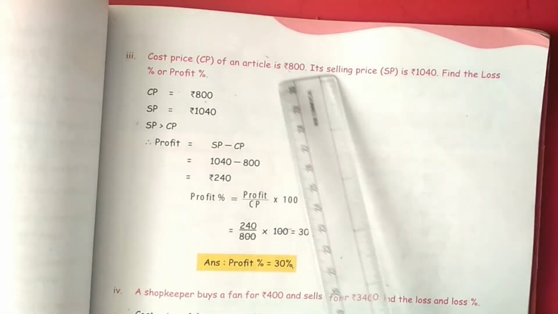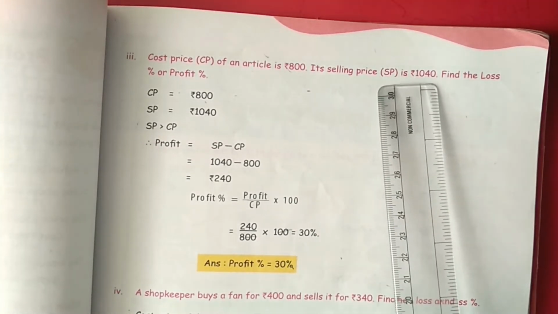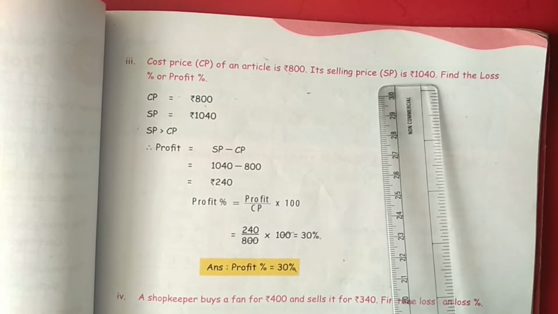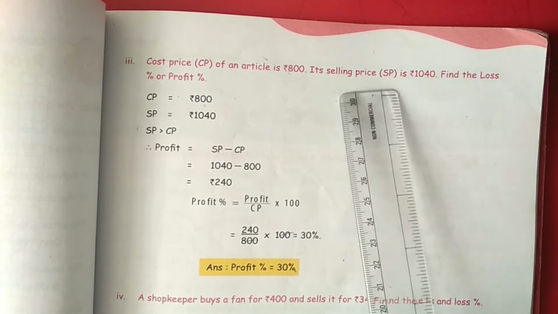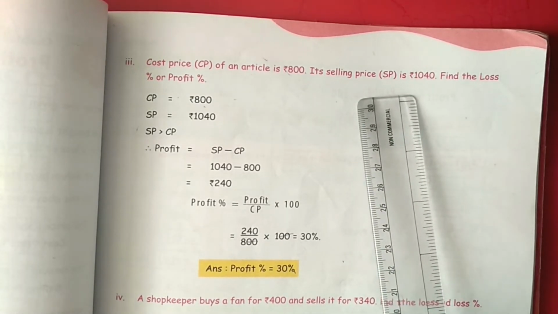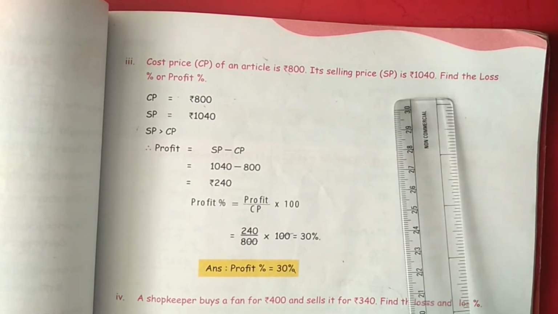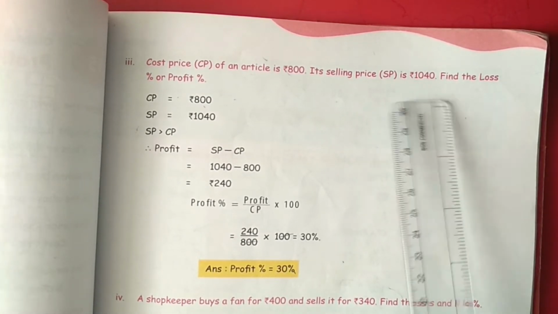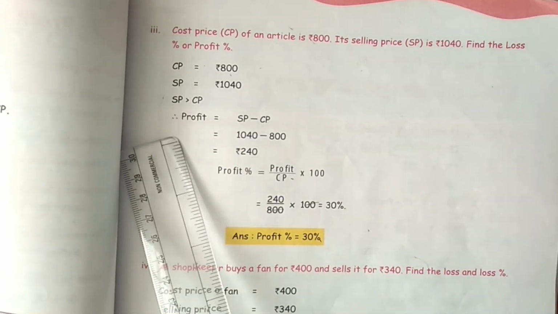So here cost price is 800 rupees. Selling price is 1040 rupees. So we will get an idea like selling price is more than cost price, then it leads to profit, right? So now find out the profit.